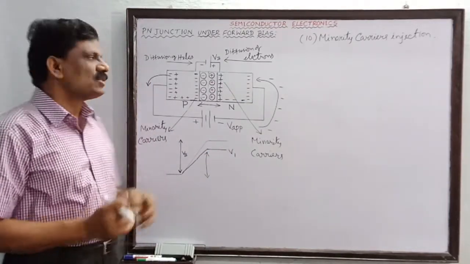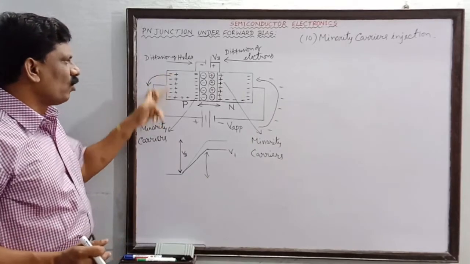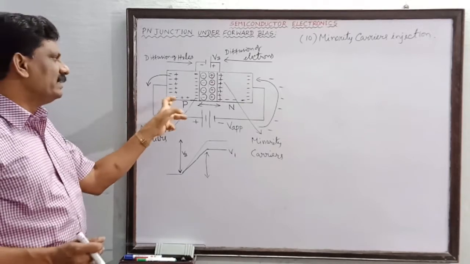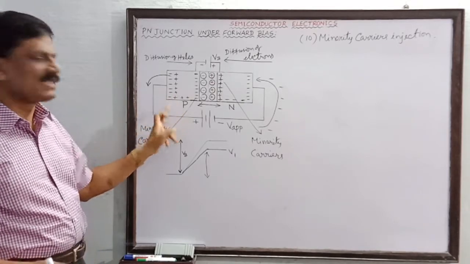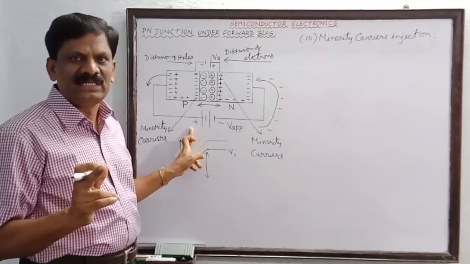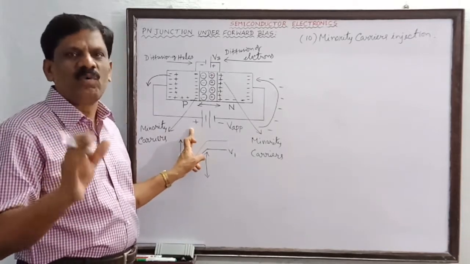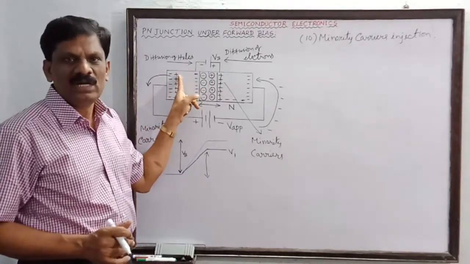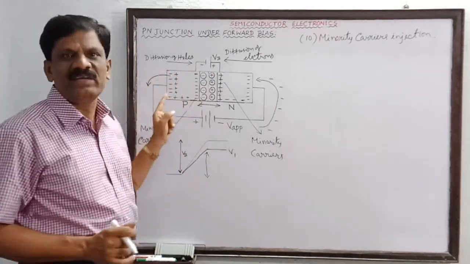Okay, students. So this breakage of covalent bonds will take place preferably at the end of the P region, which is connected to the positive of the battery. I said every breakage of a covalent bond gives one pair of free electron and hole. These free electrons have negative charge.